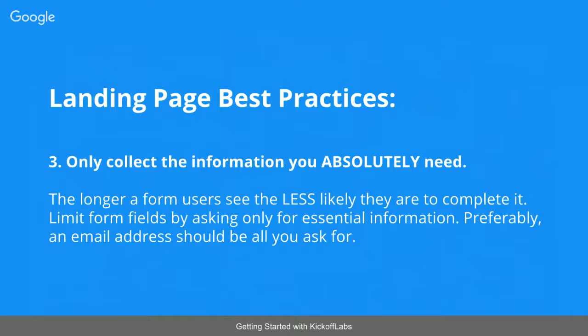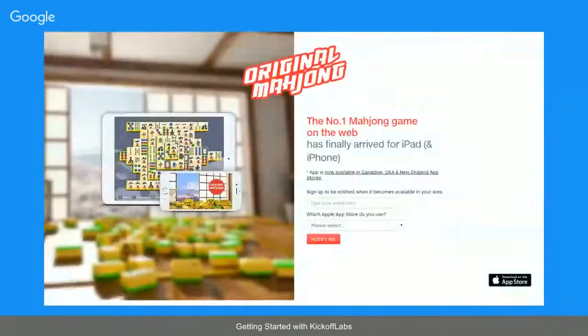Preferably only ask for an email address. So this is a good example of a good strategy where they're asking for an email address, but they're also kind of gauging interest. They want to know where they should actually place most of their marketing efforts. Should they launch in the App Store in the US? Should they launch in Australia?